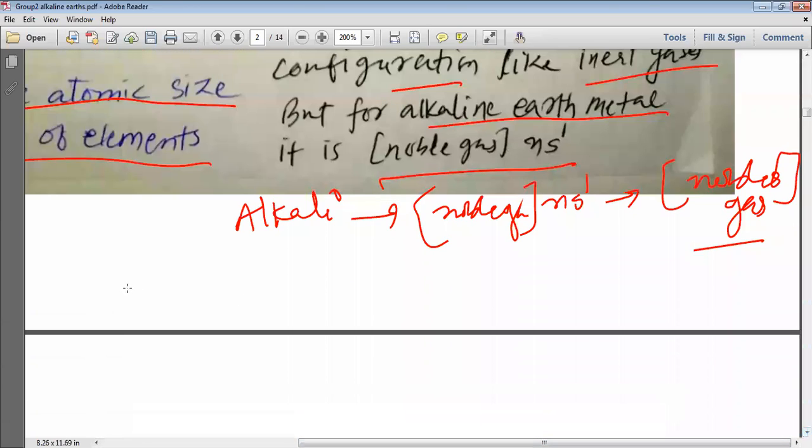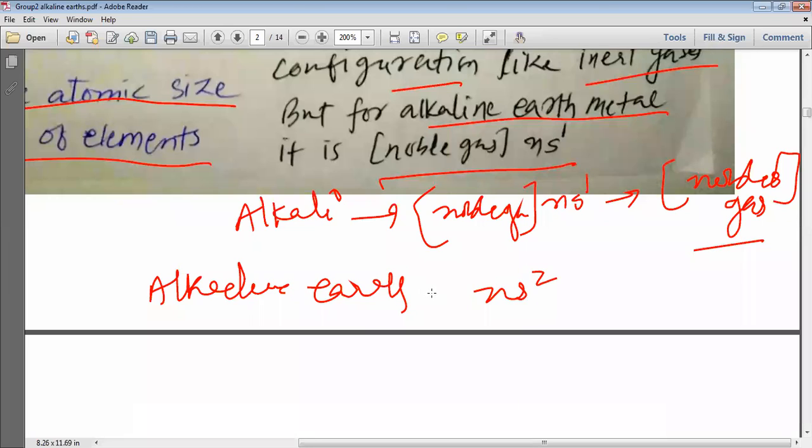But for the alkaline earth metals, if you think about them, they have the general electronic configuration noble gas ns2, and that is why when one electron is removed, what happens?